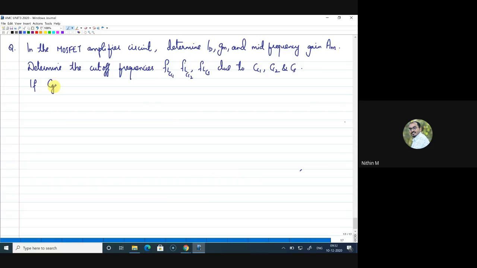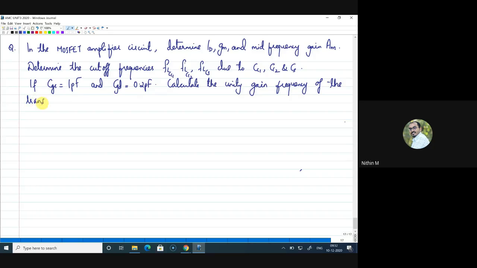Now given that CGS is 1 picofarad and CGD is equal to 0.2 picofarad, the question is to calculate the unity gain frequency of the transistor. So calculate the unity gain frequency of the transistor.